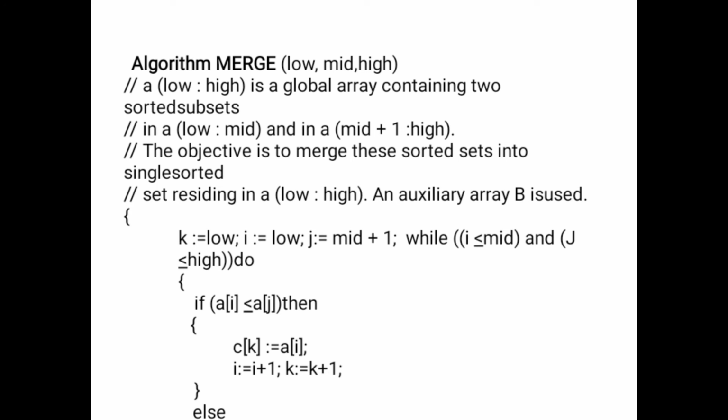Now we will see how. So you are making use of some pointers here. Variable k is initialized to low, and i is equal to low, j is equal to mid plus 1, while i is less than or equal to mid and j is less than or equal to high. i is a pointer to the left subarray, which contains the elements from low to mid, and the right subarray contains the elements from mid plus 1 to high.